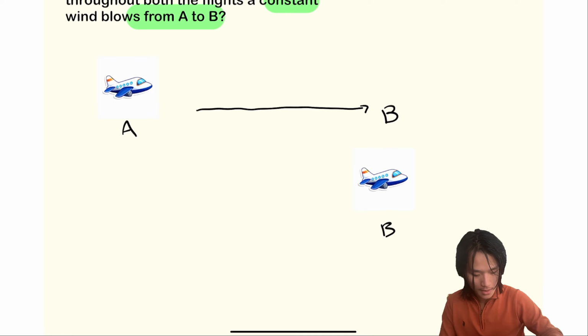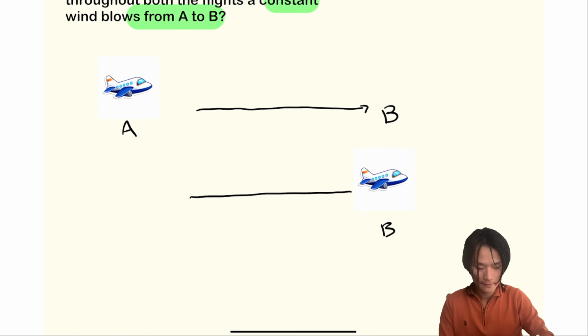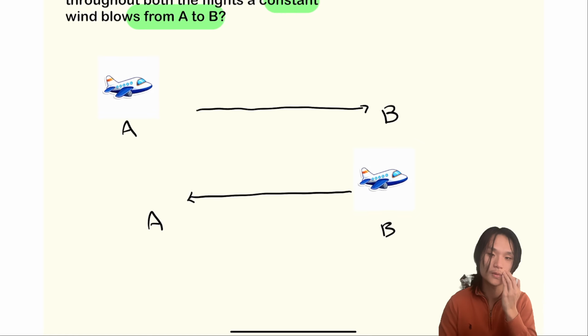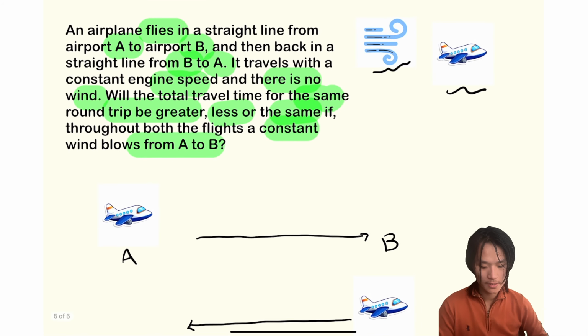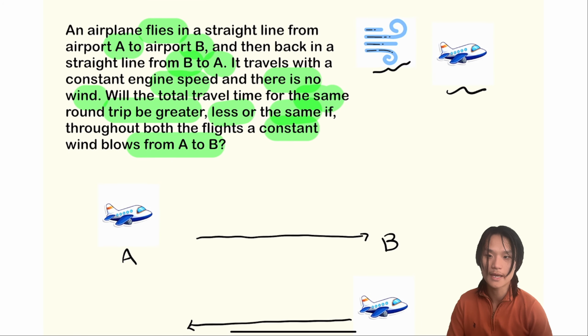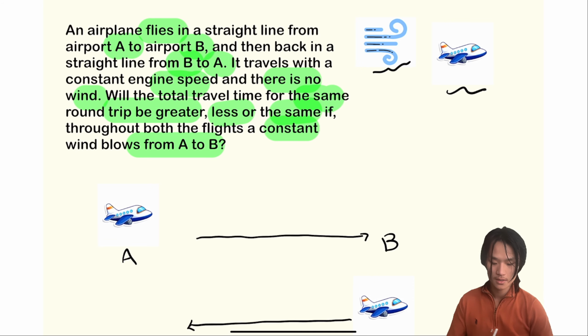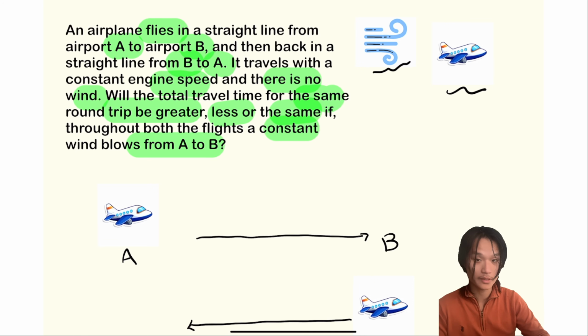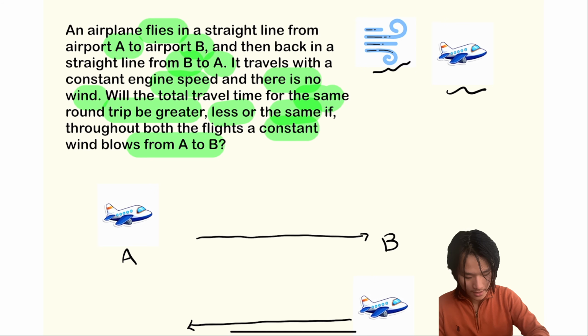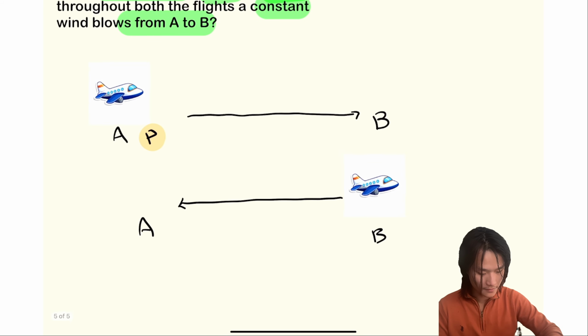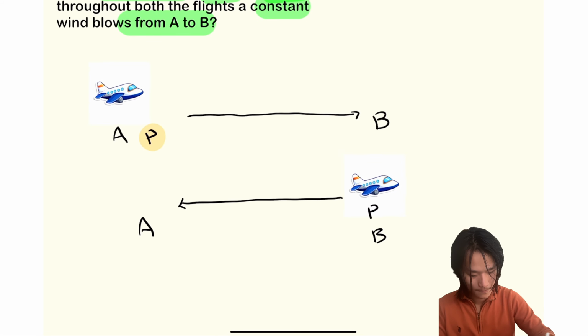So airport B, and then flying back to airport A. It tells us that the plane travels with a constant speed. So let's call the speed of the plane P. I will use orange. That is the speed of the plane.